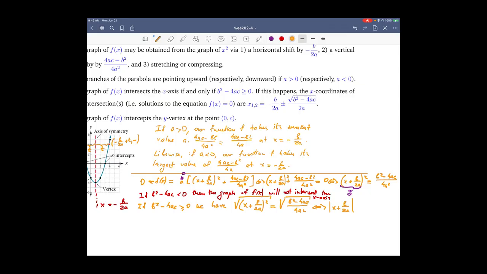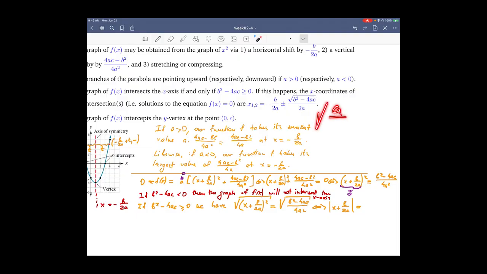Now what do we have on the right? I can write this because b squared minus 4ac now by assumption is non-negative. This is always strictly positive. I can split the square root, correct?